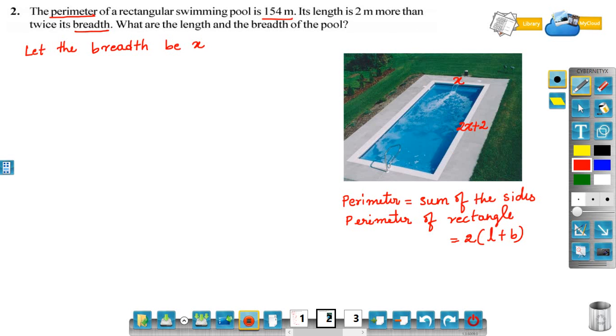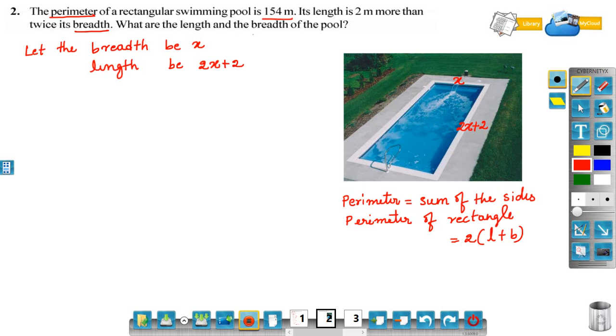Here given length is 2 more than twice its breadth, so you have to take breadth as x. Then length is 2 more than twice its breadth. Twice means 2 times breadth. 2 times breadth is 2x.